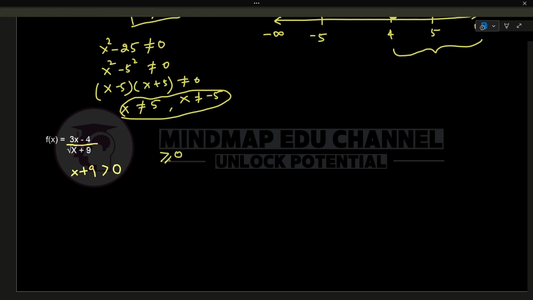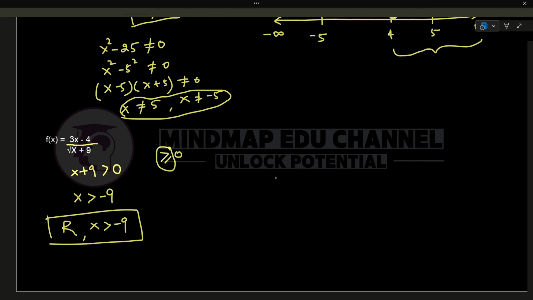That is because the denominator cannot be equal to 0. That's why here we cannot write greater than or equal to. You only take the sign greater than. Clear? So, x is greater than minus 9. Therefore, the domain of this function will be all real numbers such that x is greater than minus 9.